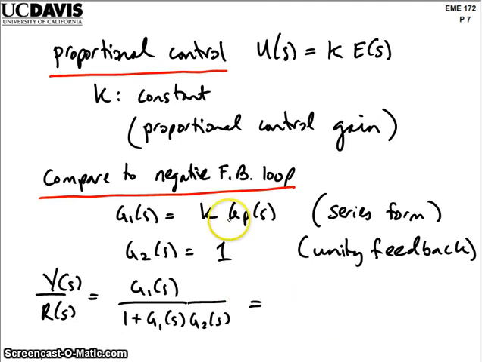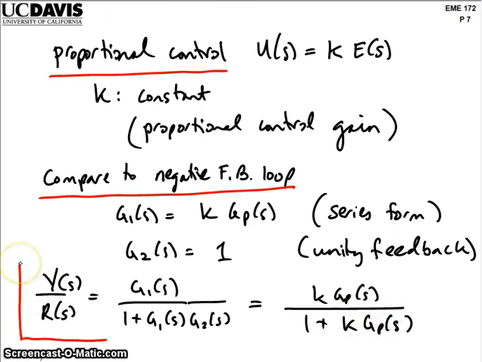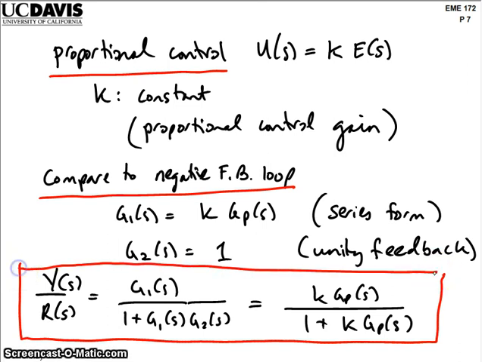And so in this specific case, I've got K GP over 1 plus K GP of S. So this is the closed loop transfer function for a proportional control system. Okay? In the next section, I'm going to expand upon this a little bit.